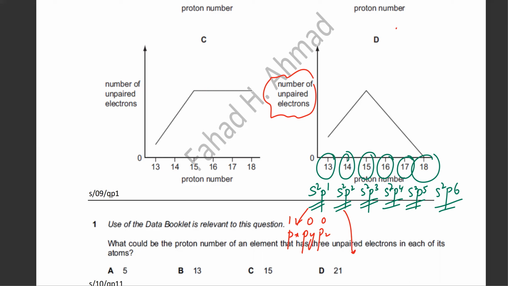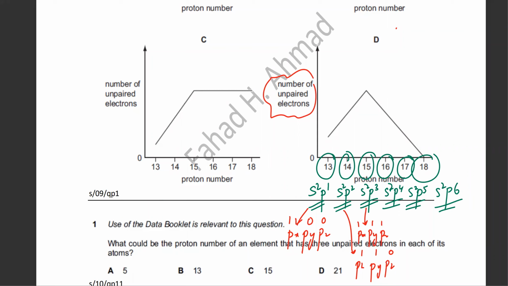p2 means two unpaired electrons in px, py, and pz. p3 means there are going to be three unpaired, px, py, pz, each with one electron.